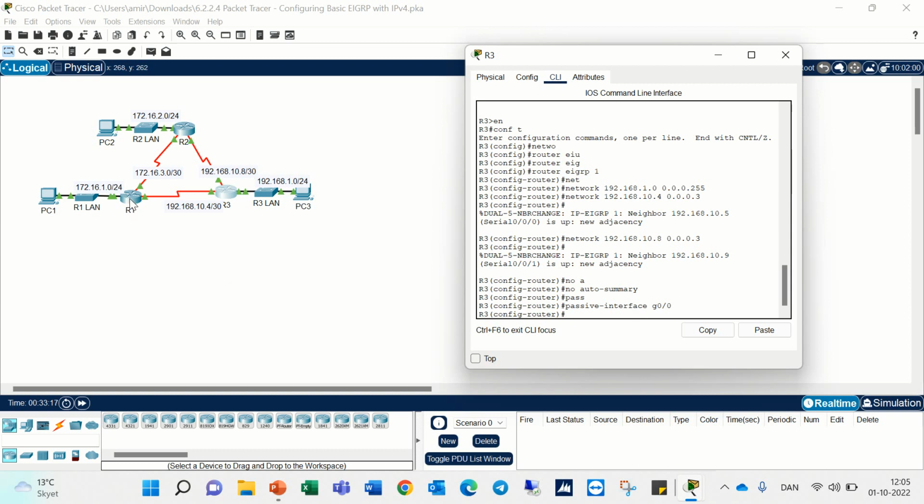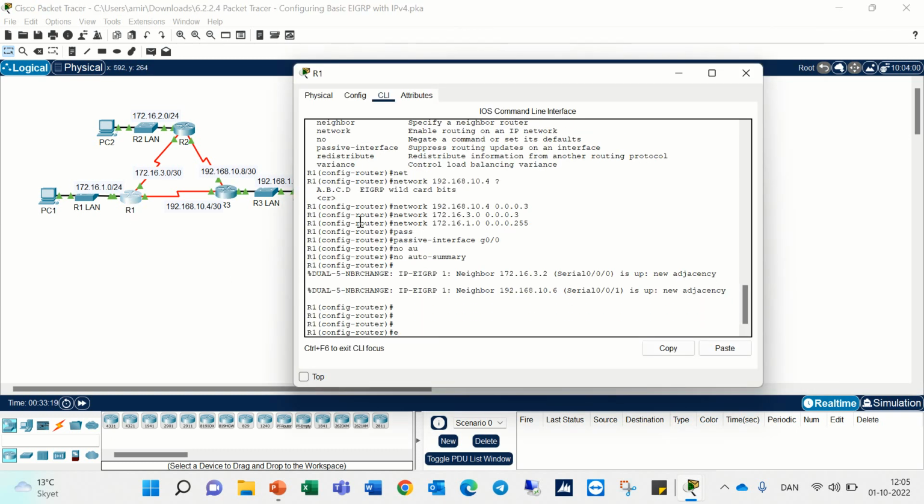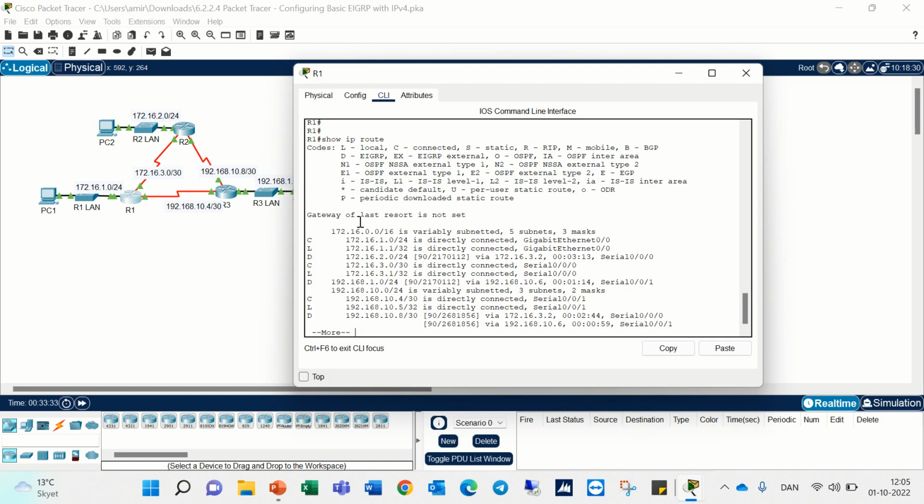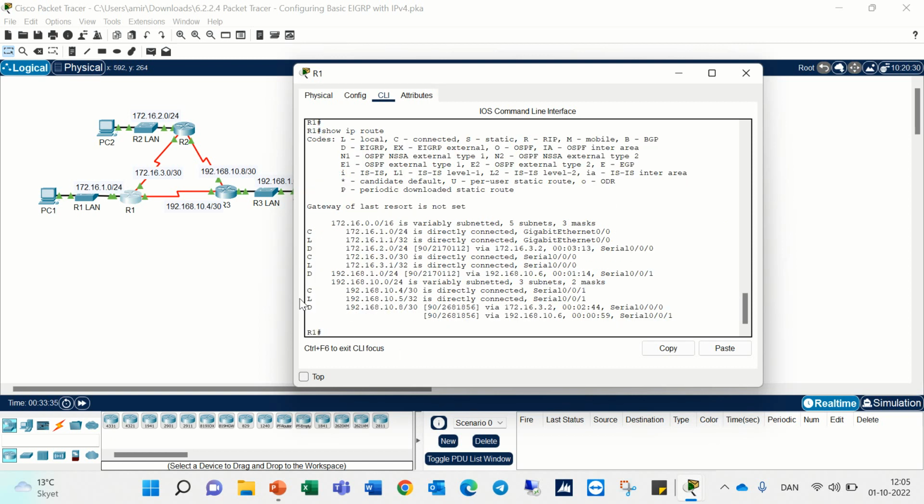Okay, now we should go here and come back to privilege exec mode. And right here, show ip route to see what the routing table is. D is EIGRP mode.